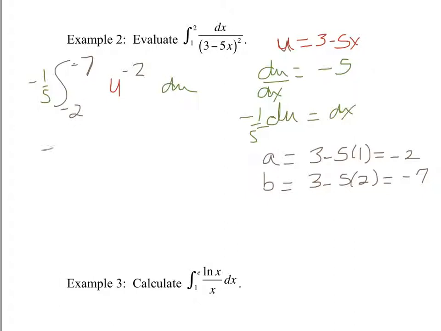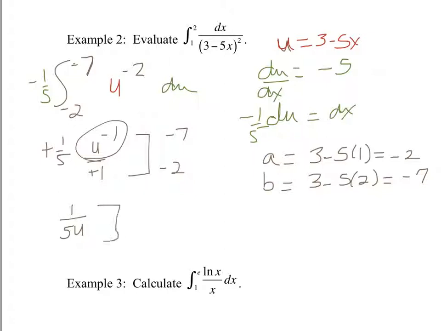All right, if I go ahead and take the antiderivative, I would get u to the -1 over -1. I'm going to go from -2 to -7. So I really just get 1 over 5u, because this would become positive, and then this really belongs in the denominator, from -2 to -7.